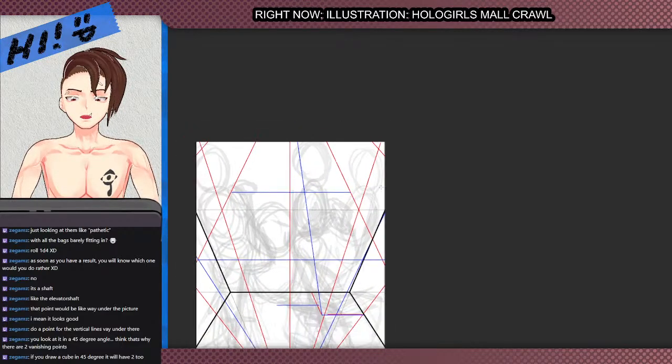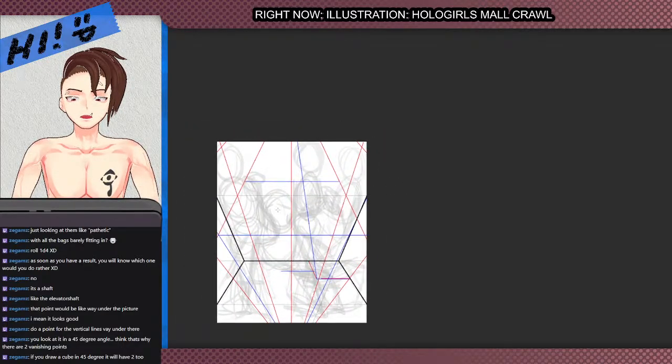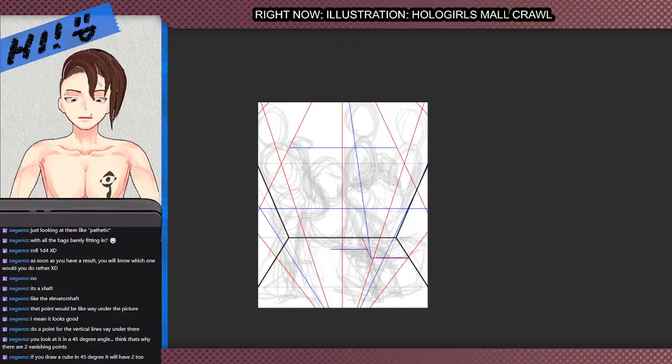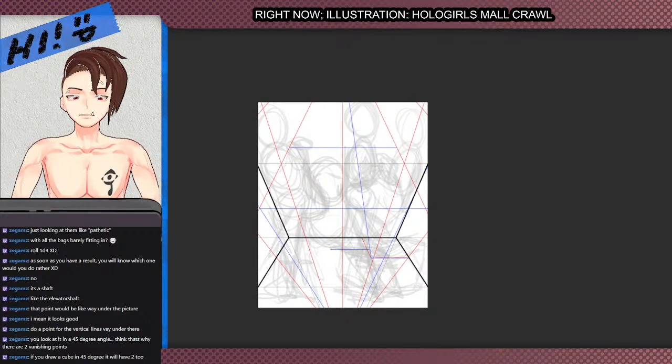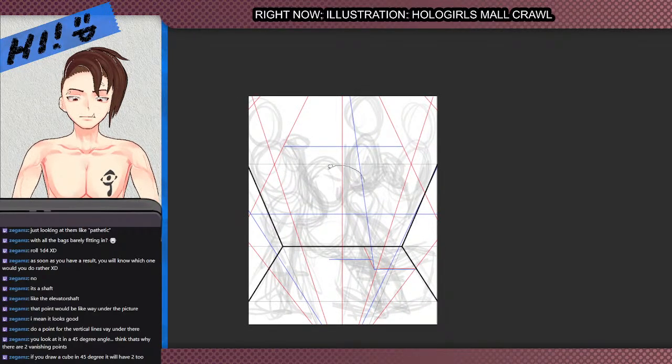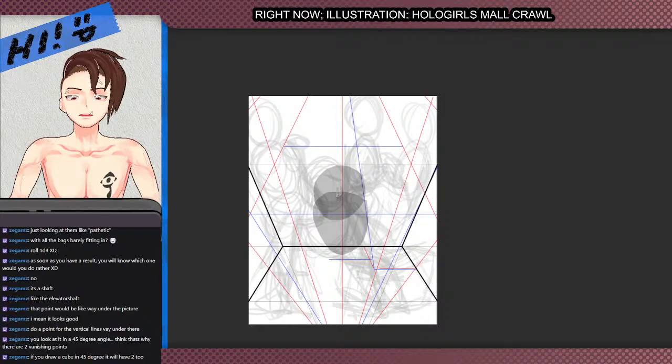And actually they would get knocked out of the perspective. Ollie would be the one in perspective mostly. So basically we have a character that's going to disappear like this.